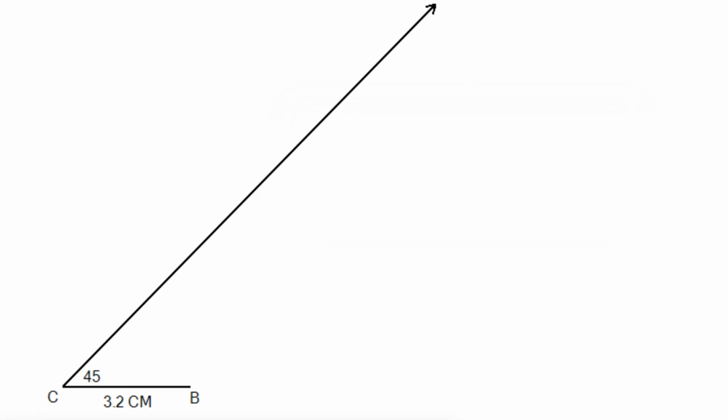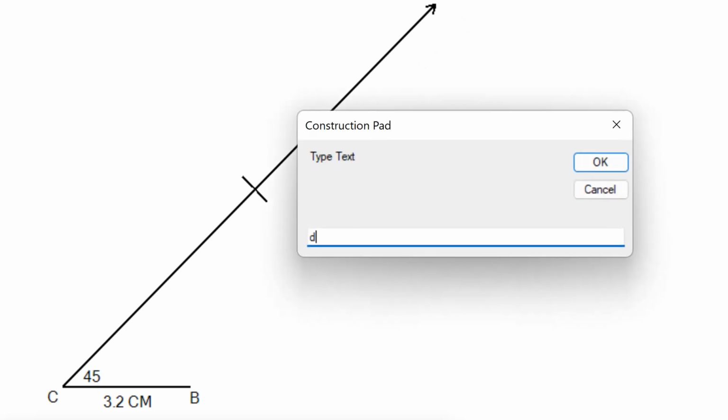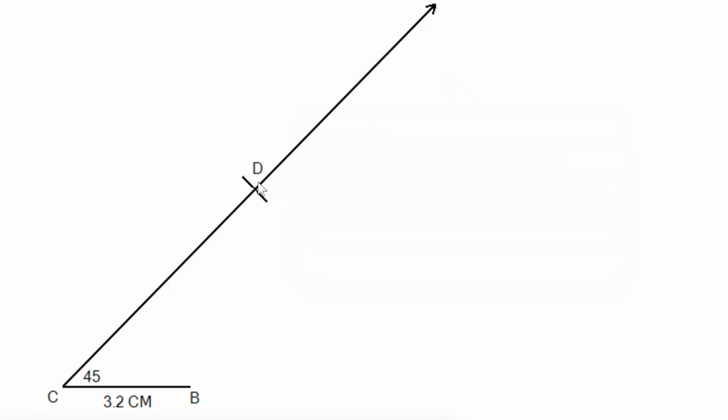Next, consider C as center and with radius equal to 6.8 centimeter, draw an arc intersecting the 45-degree ray at point D. Then join DB.